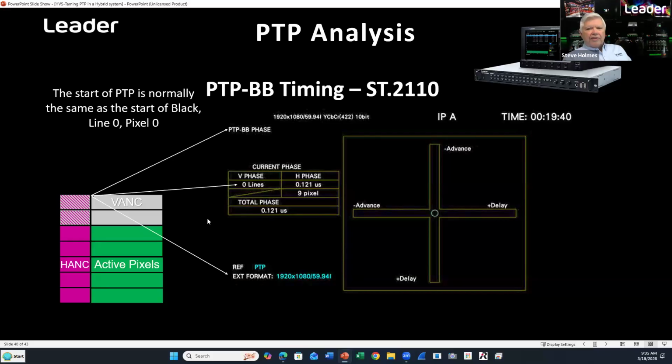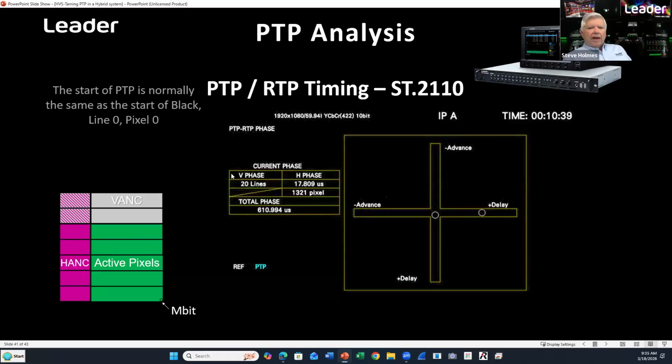The other unique thing is there is a RTP timestamp in the video leg of 2110 in the -20 that RTP is time-stamped when the frame is made.